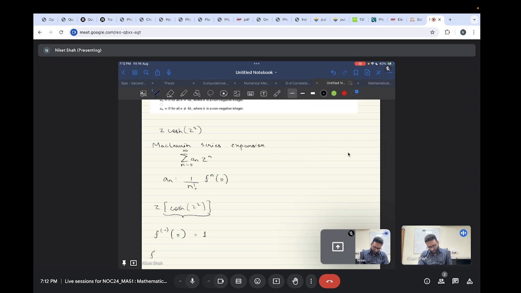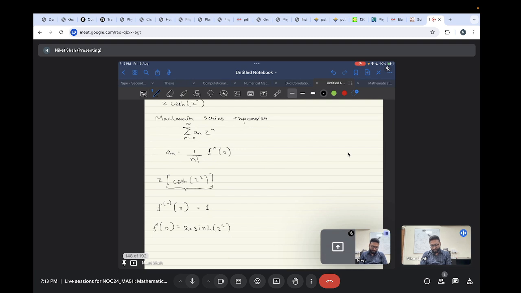Now the first derivative is equal to 2z into sinh z square. Putting z equal to 0, this will give me 0.